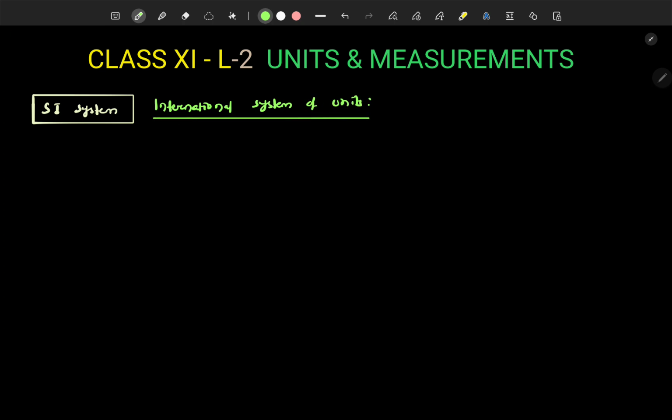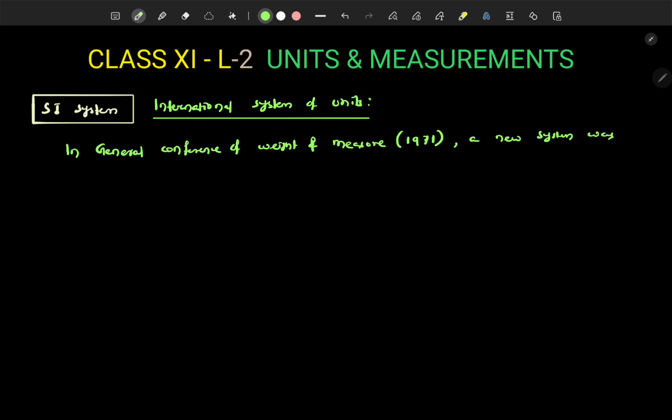And listen one thing here, in the General Conference on Weights and Measures, which was established in 1971, in that conference a new system was developed. And this system is called the SI system.